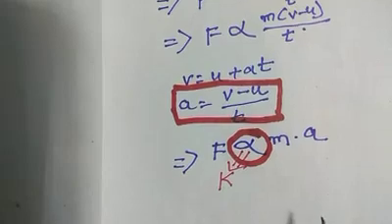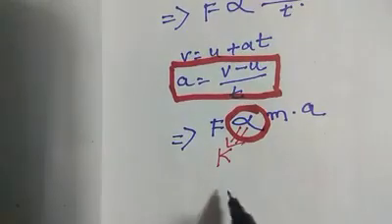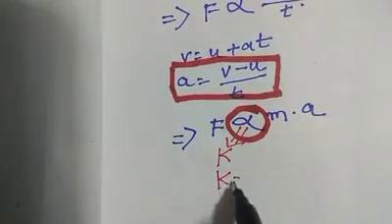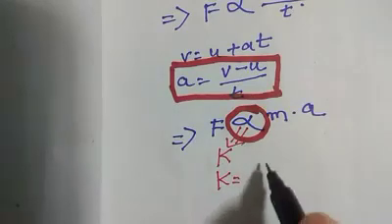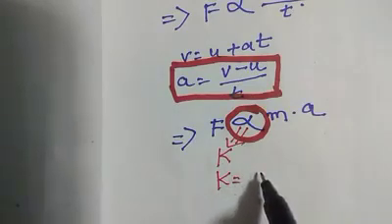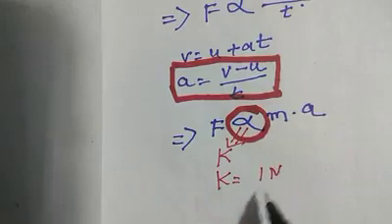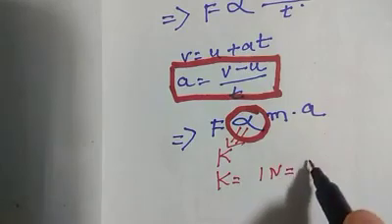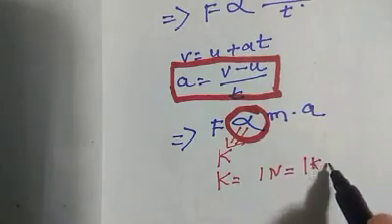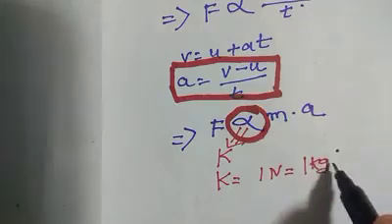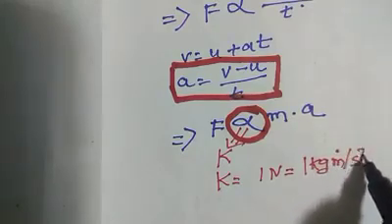What I'm trying to tell you is that if we take the value of k in terms of Newton, k would be equal to, say, 1 Newton, and 1 Newton in return would be equal to 1 kg meter per second square.